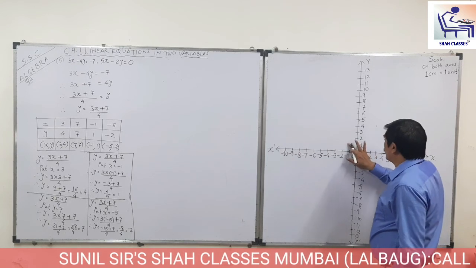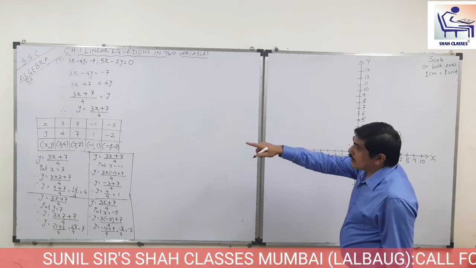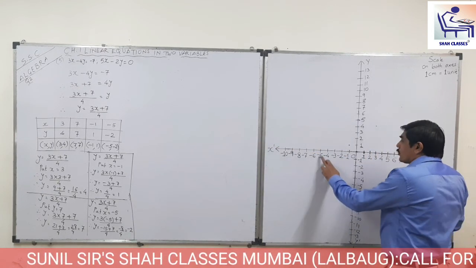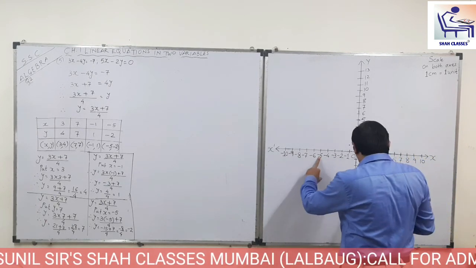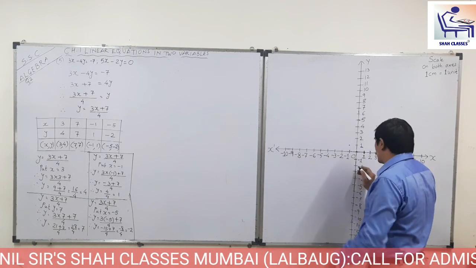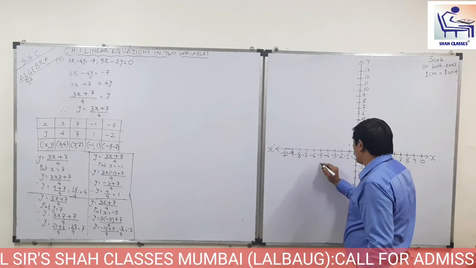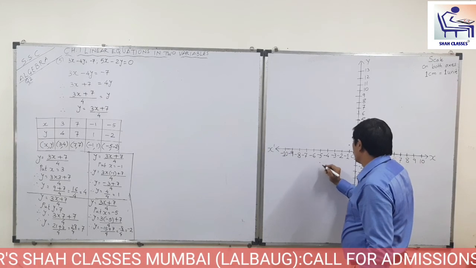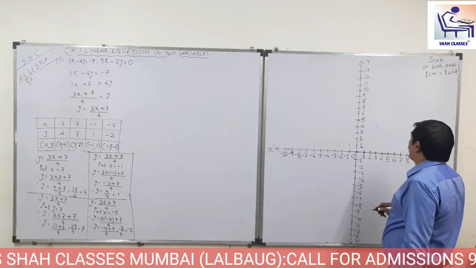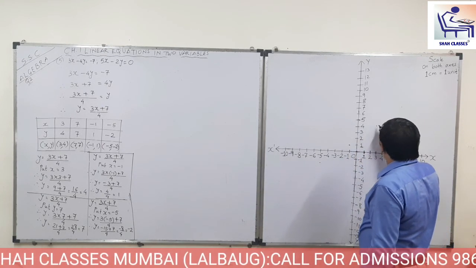So minus 1, 1. And minus 5, minus 2. So on x-axis minus 5 and it's a negative. So minus 5, minus 2. It will come over here. So you got all the 4 points. Okay, we have to join them.